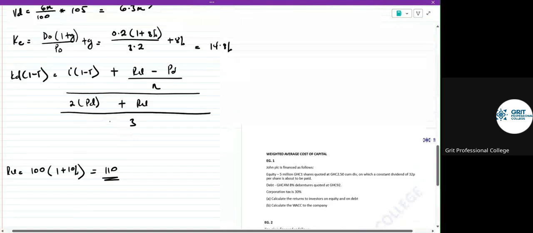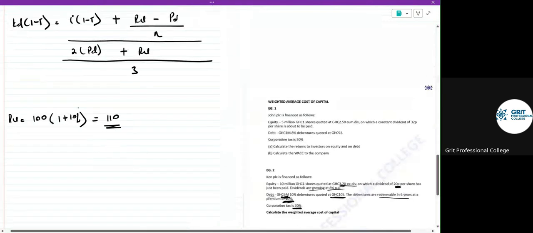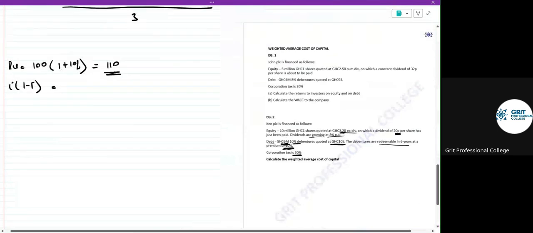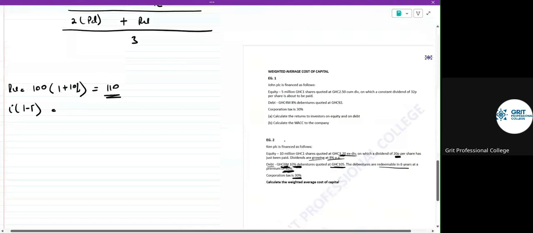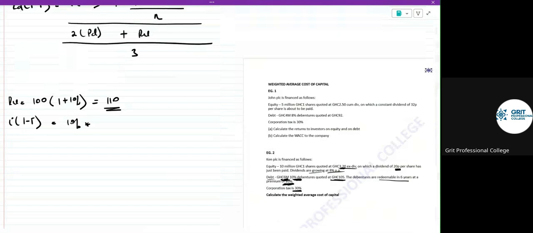Now, if we are to slot everything we have into the formula, let me also do the coupon rate, 10% coupon rate on the par value of the bond, which is 100.